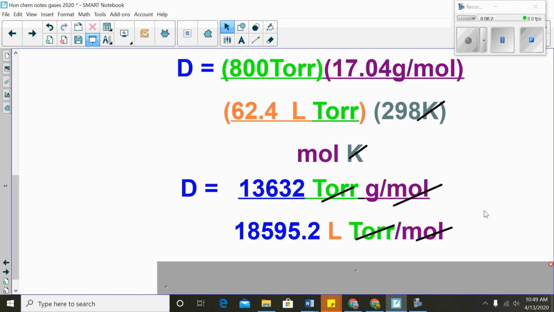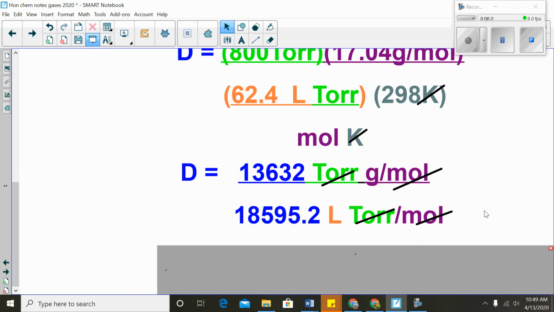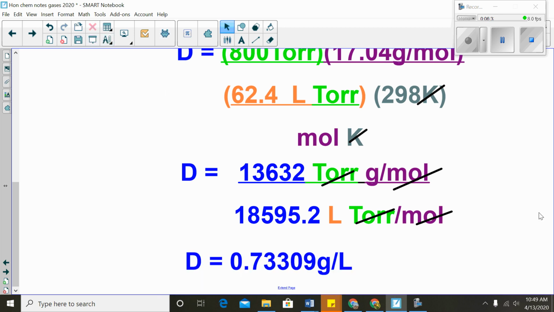So I should be left with my units for density. Density is a mass per volume, so it should be gram per liter, and it is. When I divide, I get 0.73309, and I just chose to use significant figures there, but you don't have to. 2 decimal places is fine. G for grams over L for liter. So that is how you solve for density.